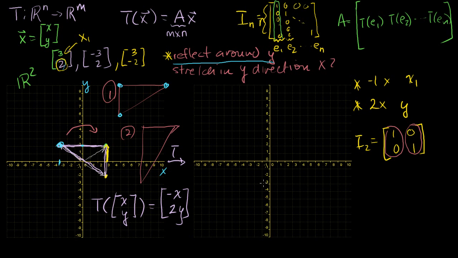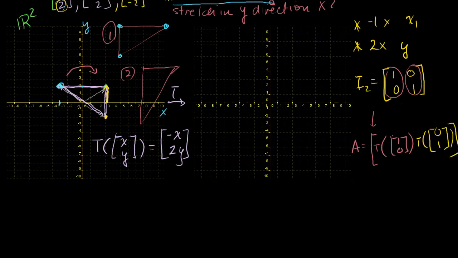So what we're going to do is create a new matrix A, equal to the transformation of 1, 0. That's going to be our new column. And then the second column is going to be the transformation of 0, 1, just like that.